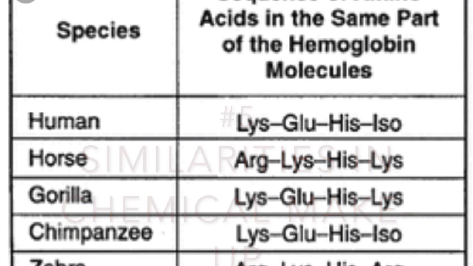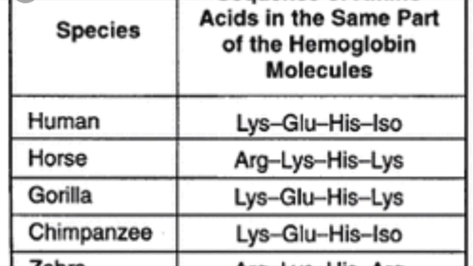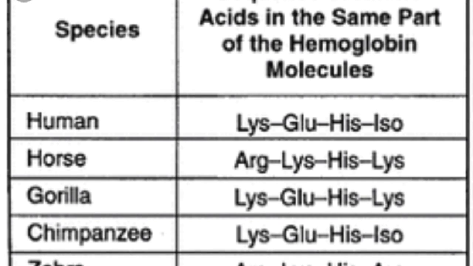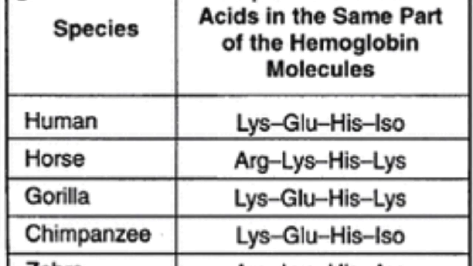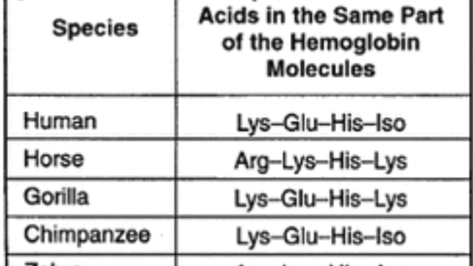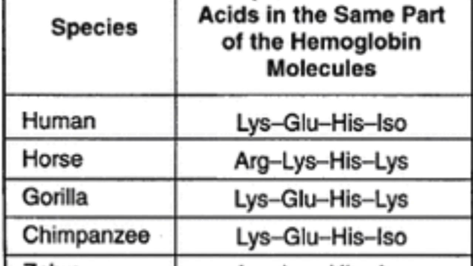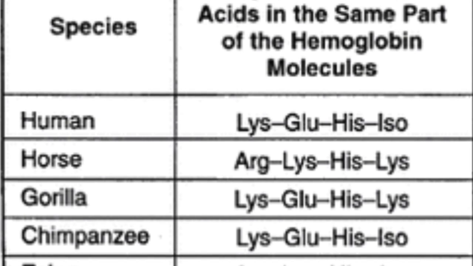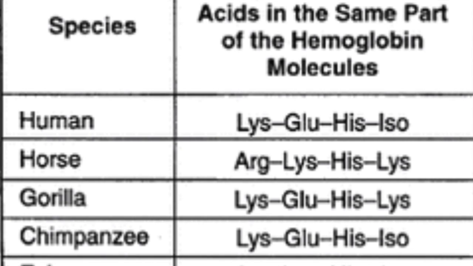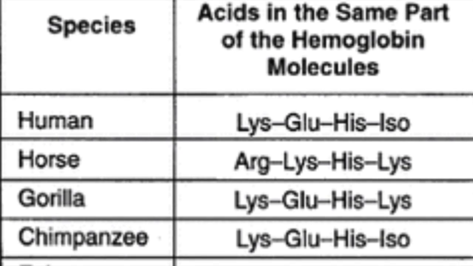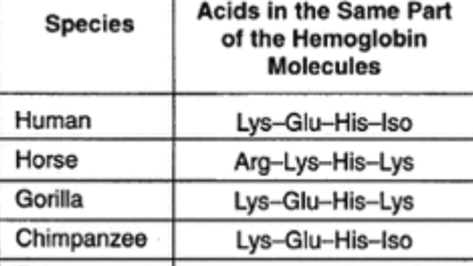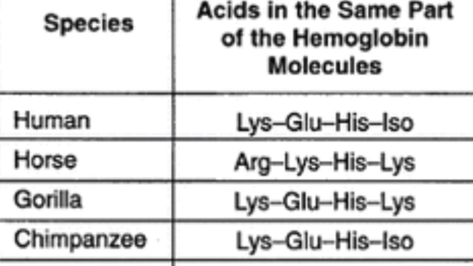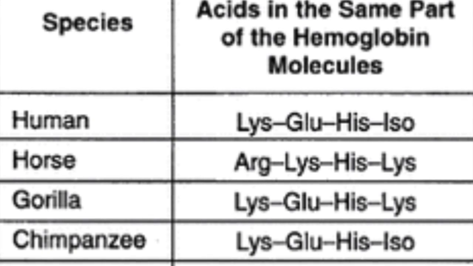The fifth and final proof of evolution is similarities in chemical makeup, which is also known as comparative biochemistry. Biochemistry is the study of basic chemistry and processes that occur in cells. It involves the comparison of DNA, proteins such as cytochrome C and hemoglobin, and chromosomes across different species.